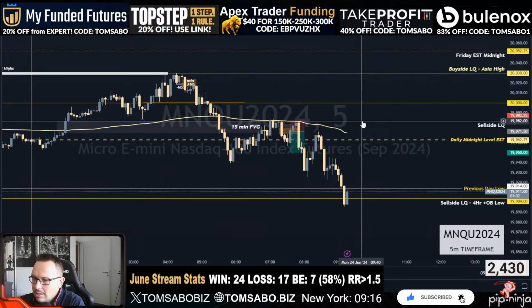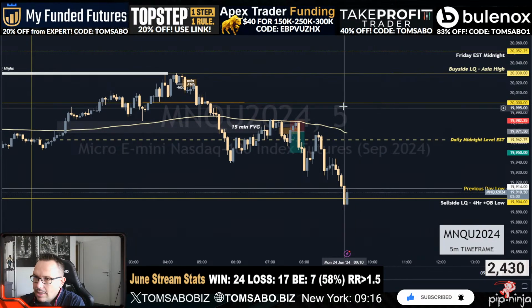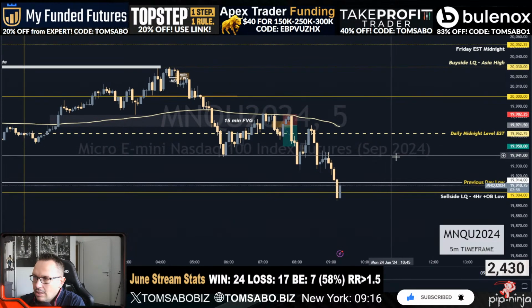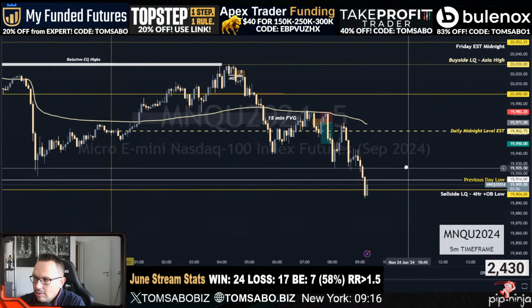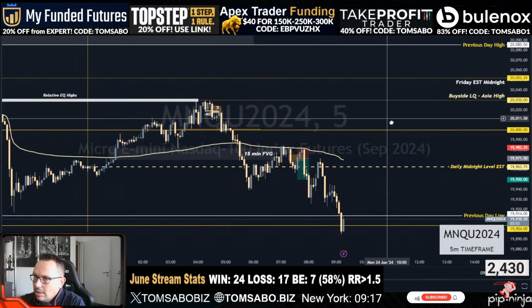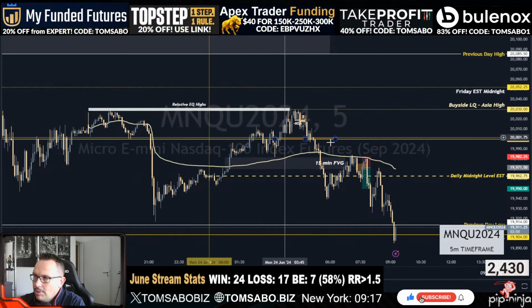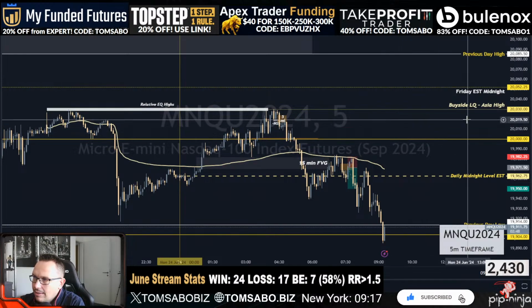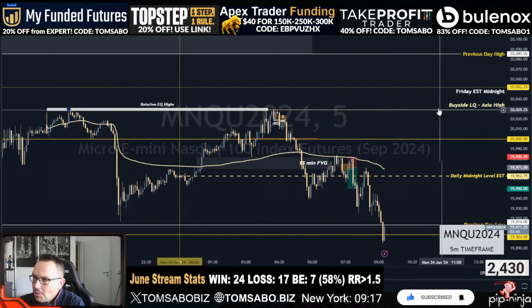Now let me delete these levels. Sell side liquidity has been taken. I'm going to leave the 20K, the previous day low, and the 4-hour order block level. This is going to be interesting, guys. The 20,030 level, we have relative equal highs there.